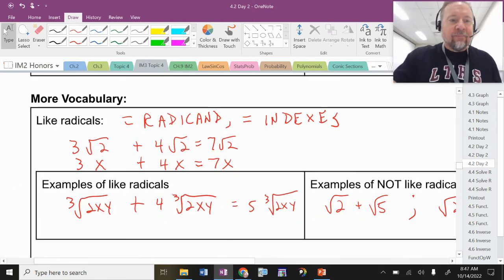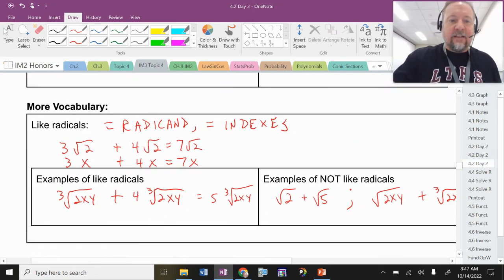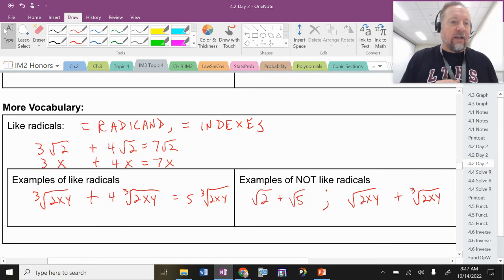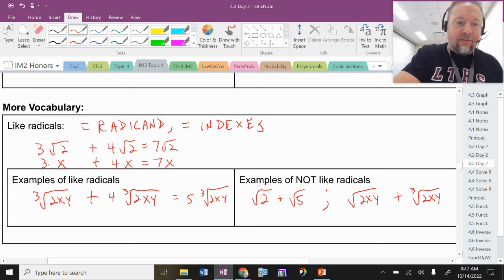Okay, real quick, write this down and pause it. These are rules for like radicals. Like radicals are just like terms. Look at it: 3x plus 4x is 7x. So 3 root 2 plus 4 root 2 is 7 root 2. Here are examples of like radicals, believe it or not. This is like a monster variable, and this is like a monster variable.